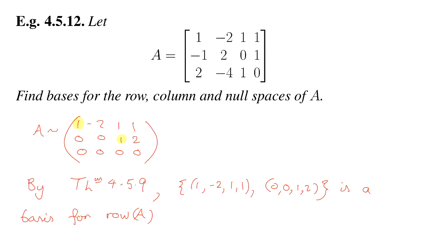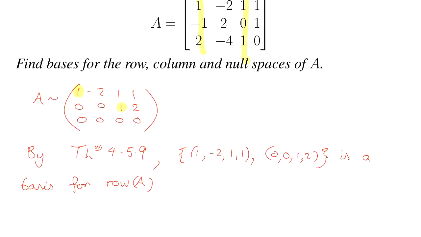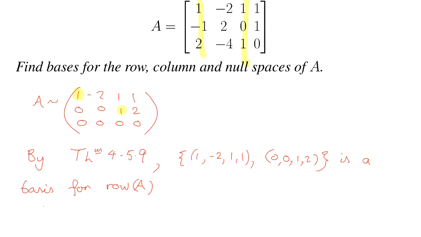The third column has a pivot. So the first and the third columns in A give a basis for the column space. So (1, -1, 2) and (1, 0, 1) is a basis for the column space.